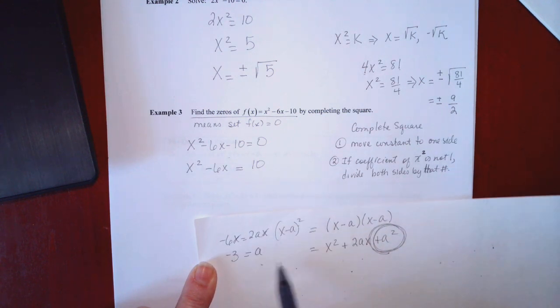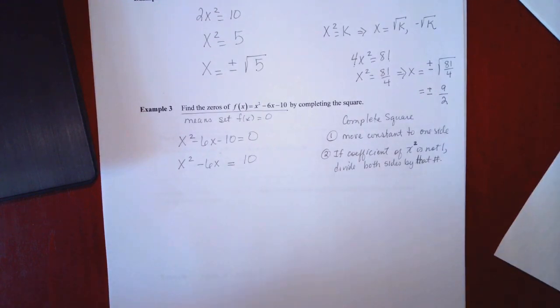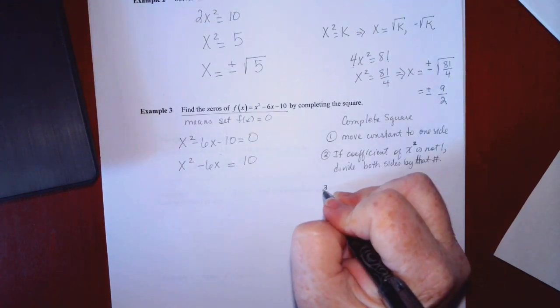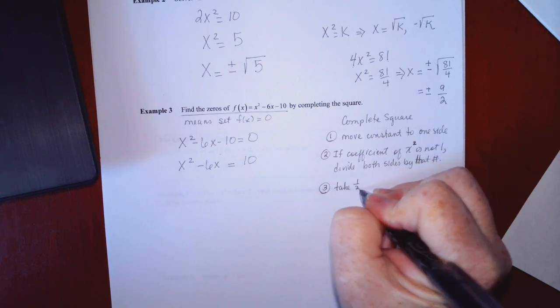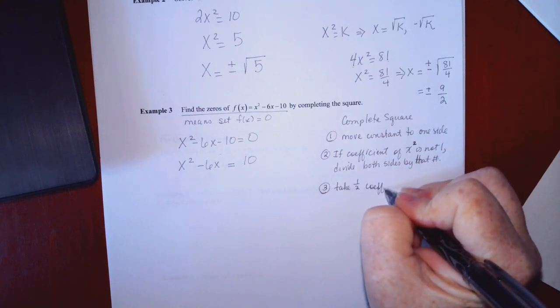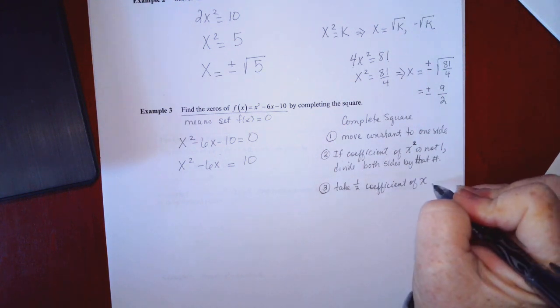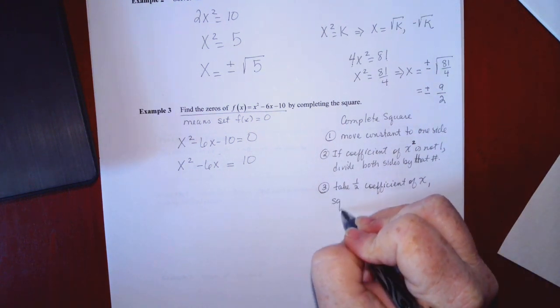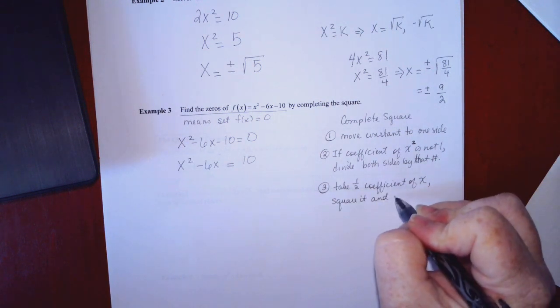You don't have to go through this part every single time. To make this a perfect square, what we're going to do is take half the coefficient of x, square it, and add it to both sides.